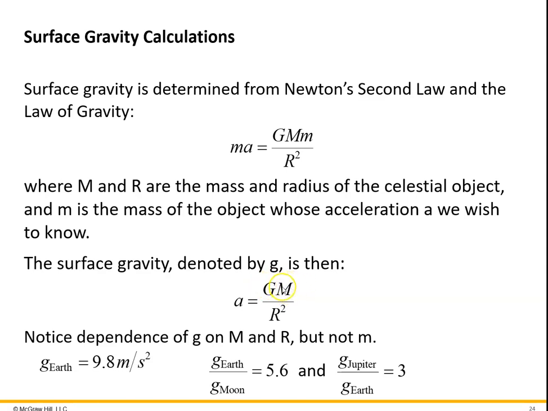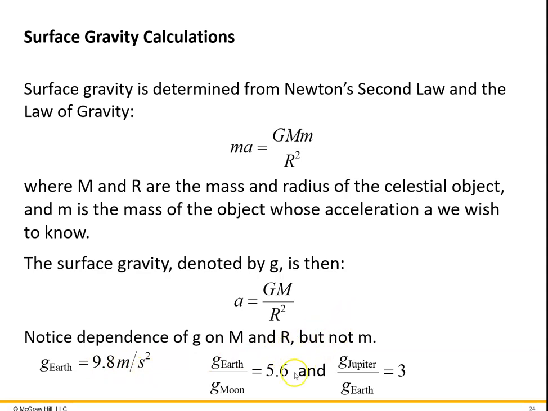M is the mass of the Earth, which we know quite well, and R is the radius of the Earth. If you plug in the mass of the Earth in kilograms and the radius of the Earth in meters, the surface gravity of Earth is 9.8 meters per second squared.